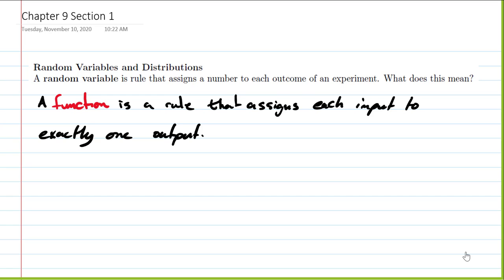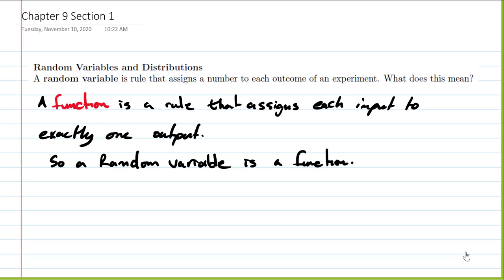So then the domain of our rule, so the first thing, a random variable is a rule. So a random variable is a function. It's just a function.